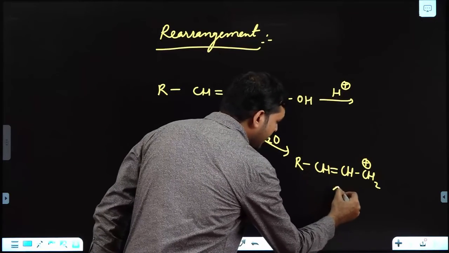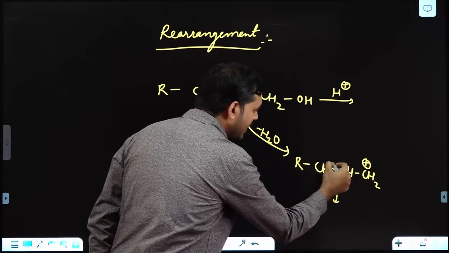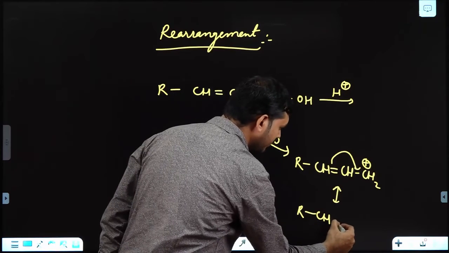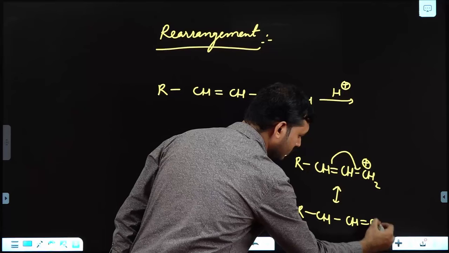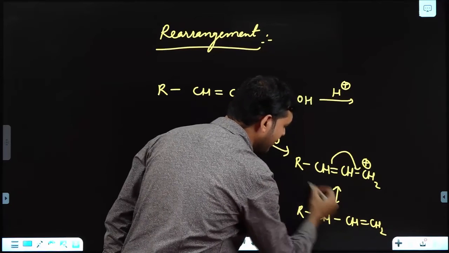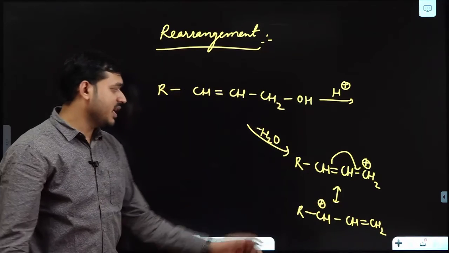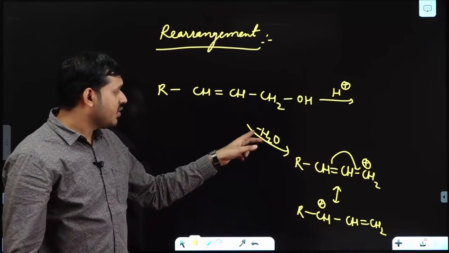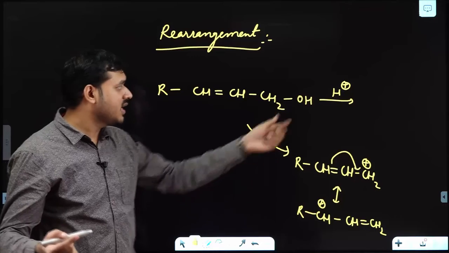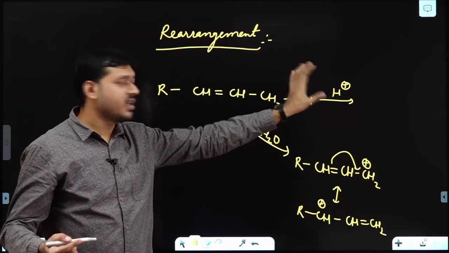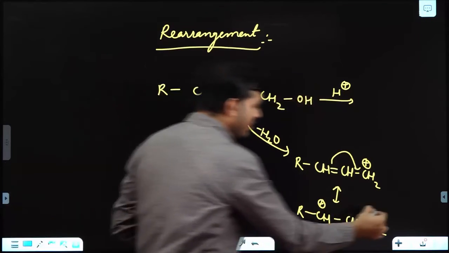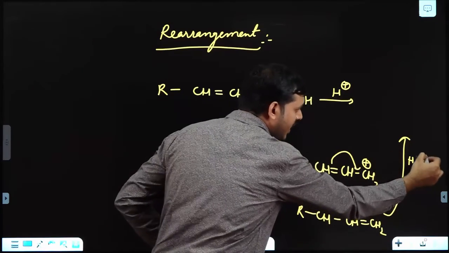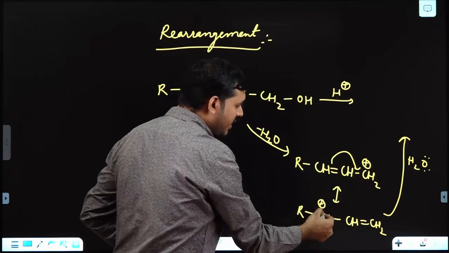Now as we know, here it is having resonance, so you can get this carbocation will be generated. Okay, so actually from this carbocation to this carbocation is a resonance. Now as you removed the H2O earlier, now it is just H plus as a reagent used. Okay, now again you are having H2O, so this H2O as a nucleophile, it will attack on this carbon having plus charge.